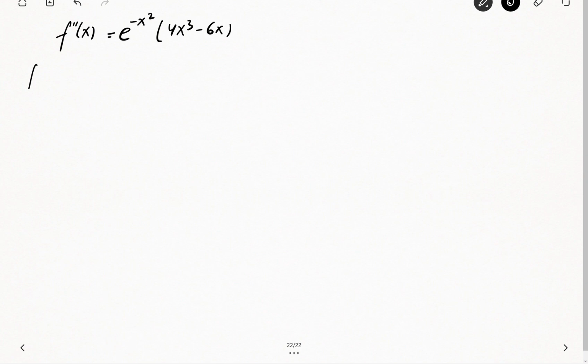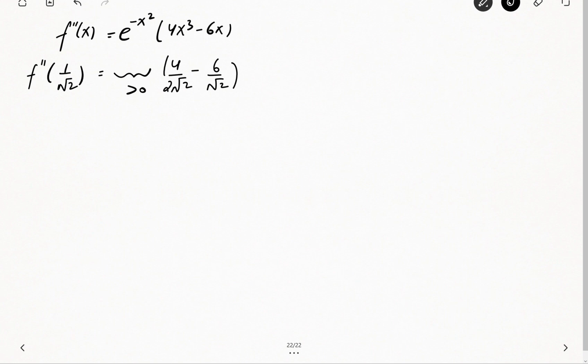So when you plug in the other critical point, which is 1 over square root of 2, you get something positive, which is the exponential of that number. We don't care too much about that. However, in the other bracket, we have 4 over 2 square root of 2, then minus 6 over square root of 2.